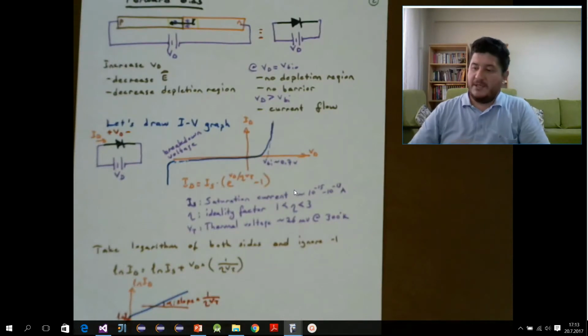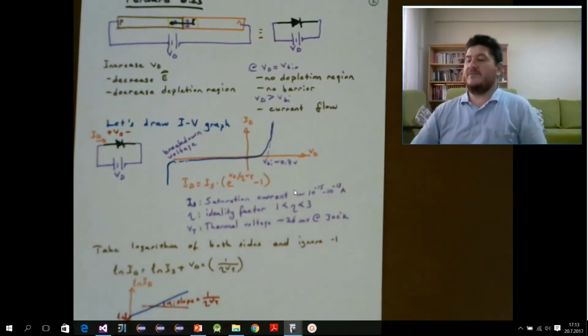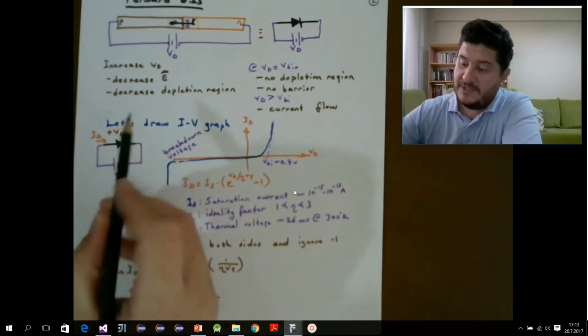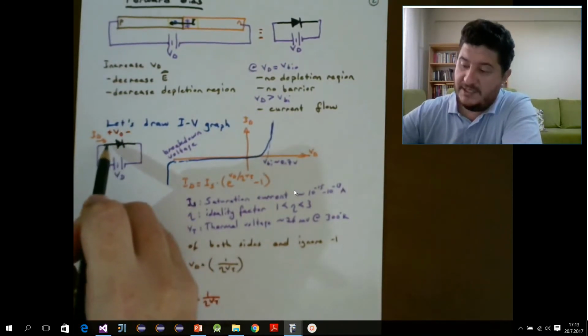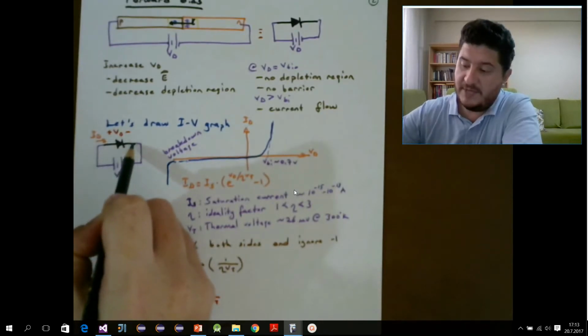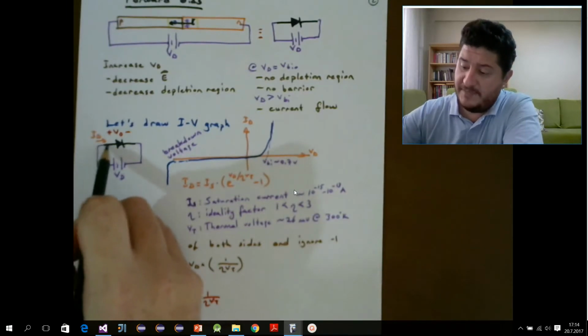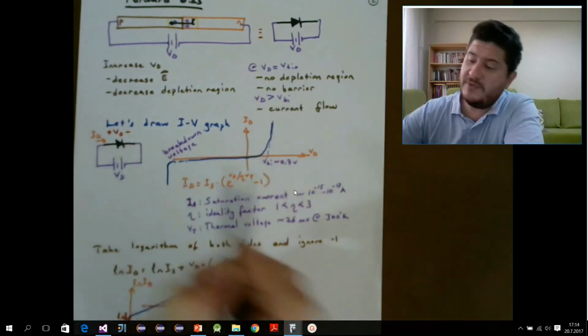Let's draw the IV graph associated with the diodes now. First we need to define the conventions. VD is defined as the voltage from the P side of the diode to the N side of the diode, and ID is defined as current that is flowing from the P side of the diode to the N side of the diode.